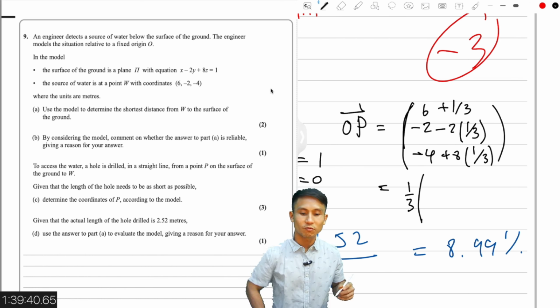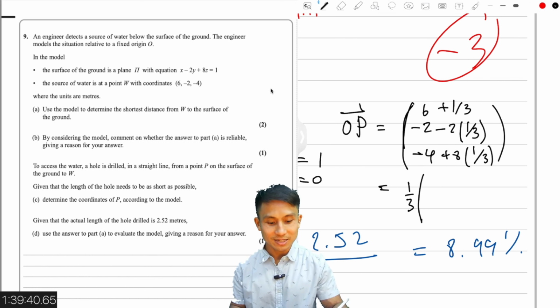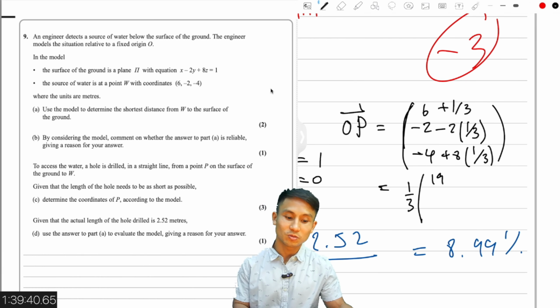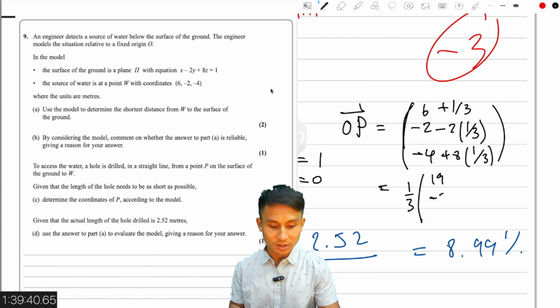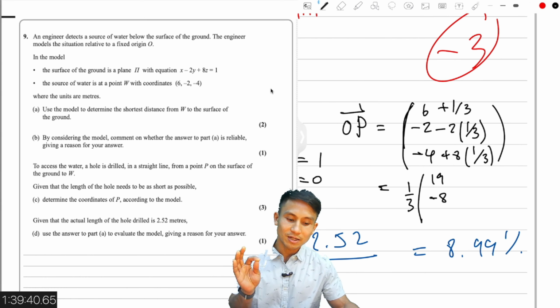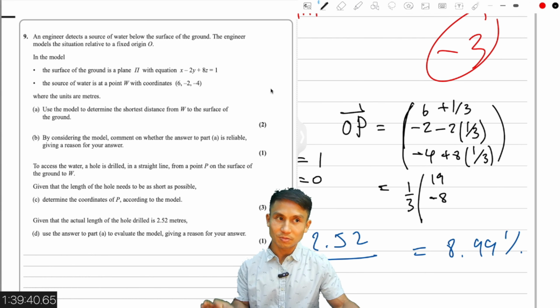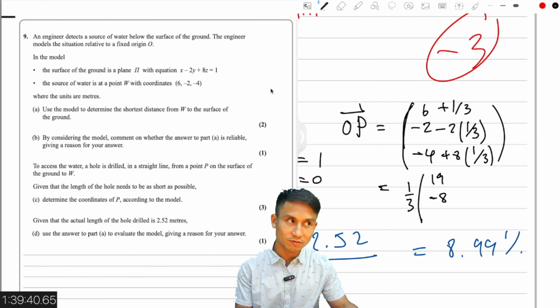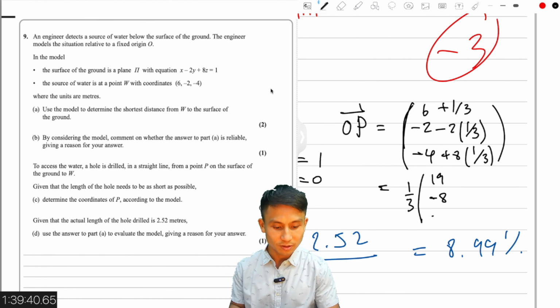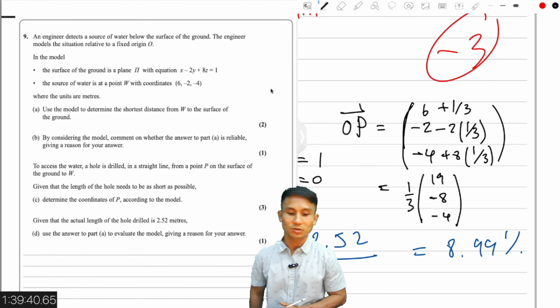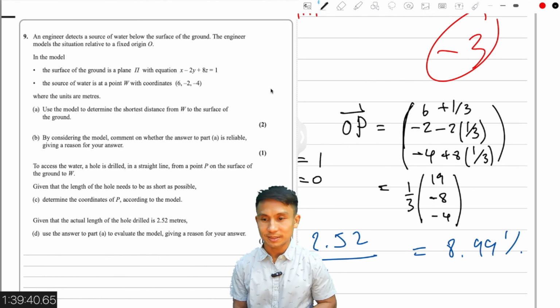And then if we add that, that would be 19, so 19 here. Minus 6 minus 2 would be minus 8 over 3, so this is minus 8. Minus 4 times 3 would be minus 12. Minus 12 plus 8 would be minus 4. That's it. So that's the coordinates of P.